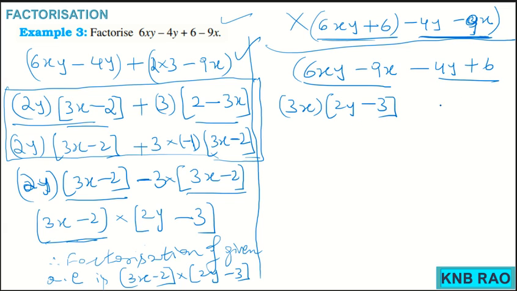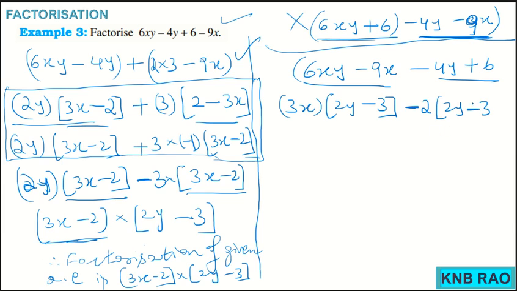In the other pair 2 is common, but if I take 2 common out, I will have minus 2y coming, but I want plus 2y. So, I will take minus 2 common out. When I take minus 2 common out, minus 2 into plus 2y gives minus 4y, whereas 6 will give me 3 with the minus sign.